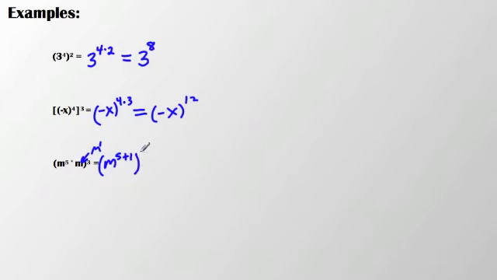So m to the 5 plus 1, and then that's raised to the third, so that's going to get me m to the 6th to the third, at which point I take m to the 6 times 3. As we all know, 6 times 3 is 18. So my final answer here is m to the 18th.